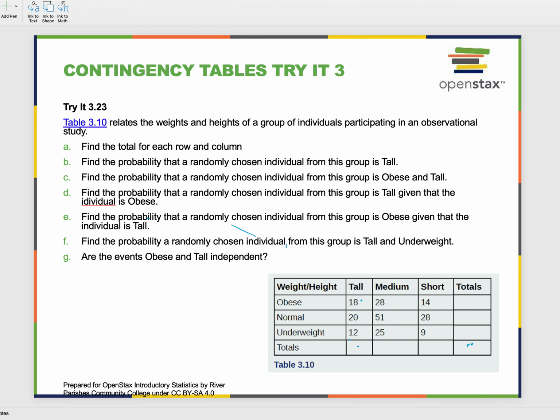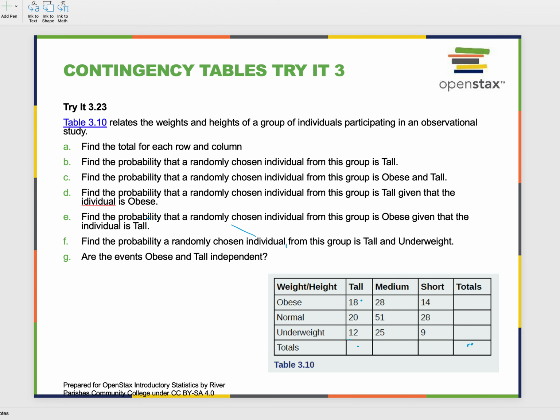And then we said find the obese given that the individual is tall. That's E, the one I did. Find the person is tall given they're obese. We're in this row. That would be D. Find the probability that a randomly chosen individual from this group is tall and underweight.